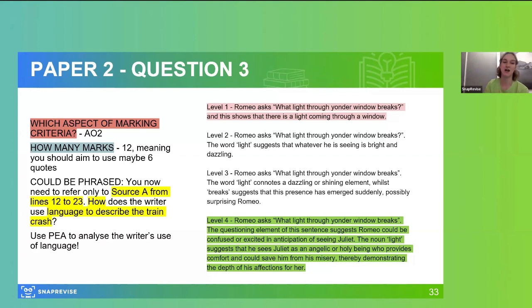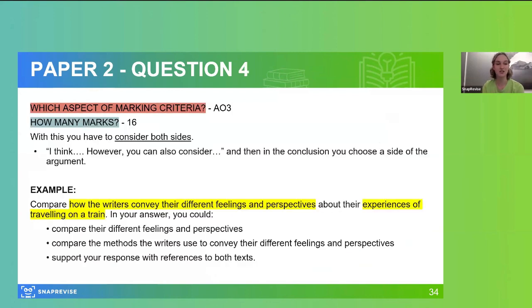So yeah, when you're thinking about question 3 for paper 2, use PEA, go into a lot of detail, and you'll be grand. Then going on to question 4, it is the AO3 aspect of the marking criteria.